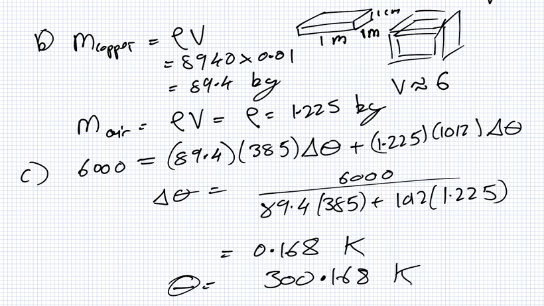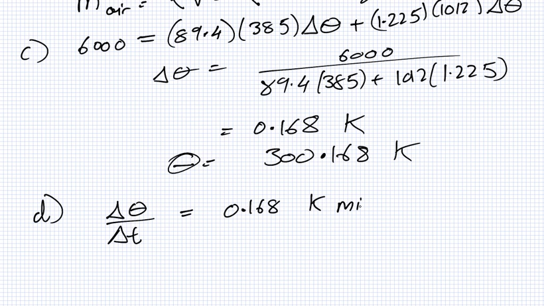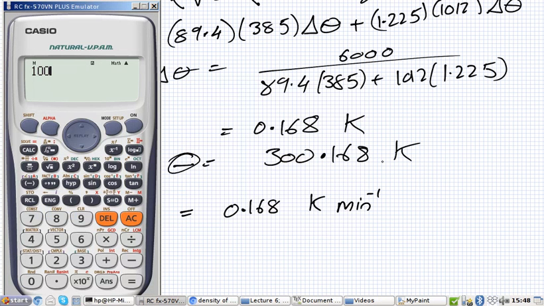How long until the box reaches 100 degrees? So, since everything is linear, we can actually see that the change in the temperature per change in time is 0.168 kelvins per minute. So, we want 100 kelvins. So that will take 594 minutes, which is 9.9 hours.